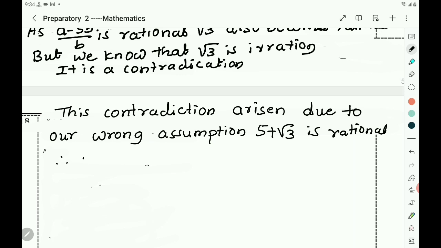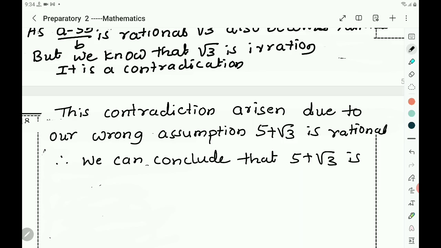Therefore, we can conclude that 5 plus root 3 is irrational.